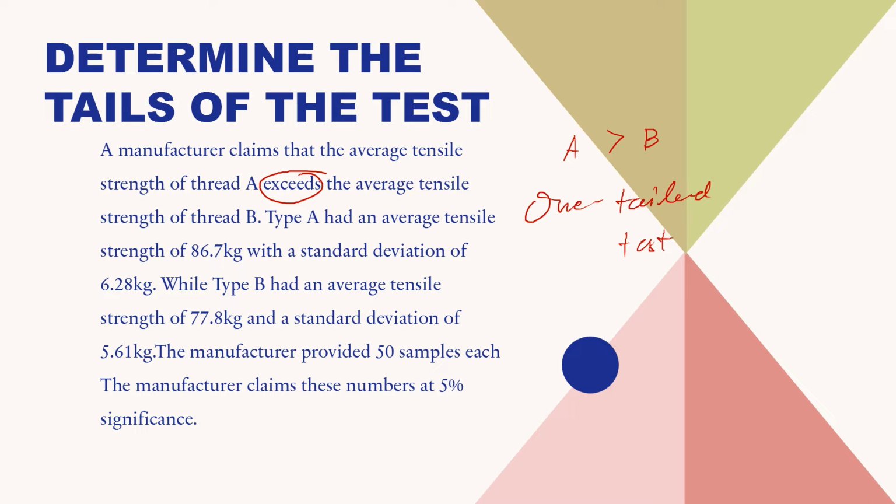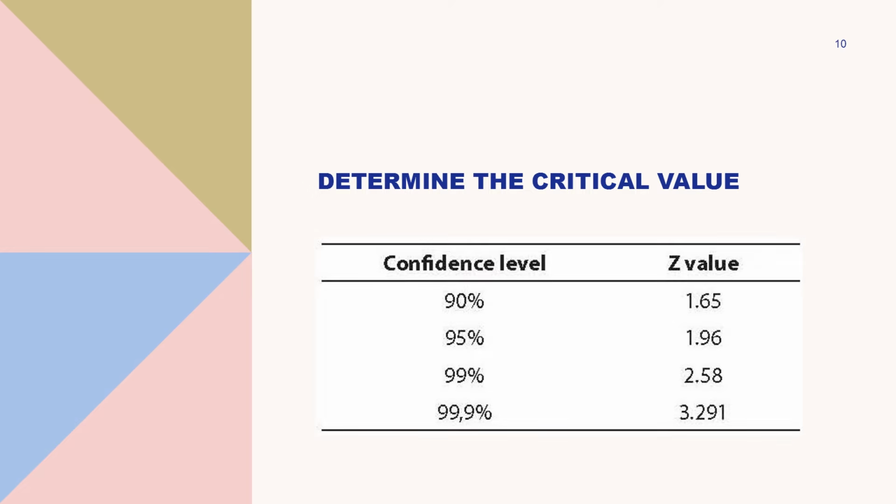Now, we can use a table to look for the critical value of Z, because Z-test is based on the areas under the Gaussian curve, or the areas under the normal distribution curve, which for simplification, I've already summarized, or I've gotten a picture that summarizes the critical values of Z depending on your confidence interval. Now, these are the four confidence intervals that we're going to be most commonly encountering.